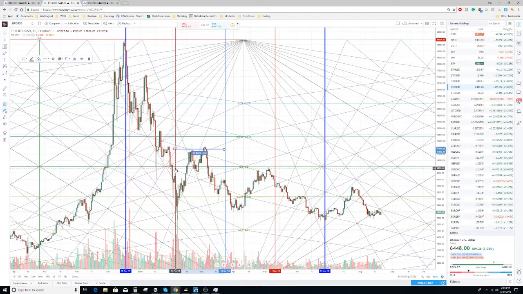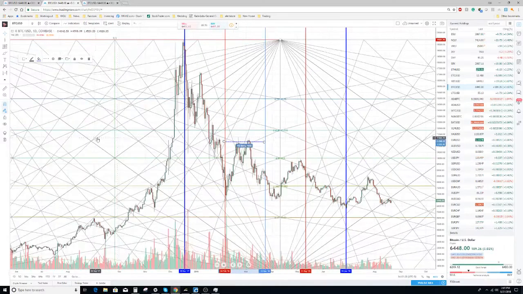Market geometry, these lines, these angles, this is going to seem weird, and I hate to say it because I hate moving averages, but these angles are like support and resistance in that price treats them like that, but what they really are is levels of momentum. In the Gann box or a Gann square, these diagonal lines represent momentum.